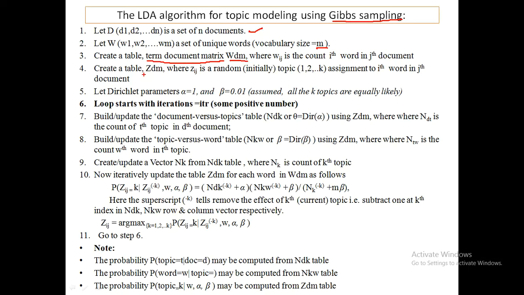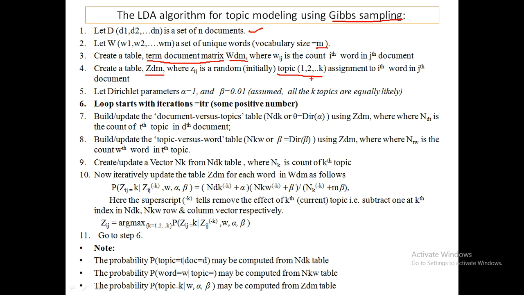Next, create another matrix ZDM using WDM, where Zij is the initially randomly assigned topic. How many topics we want to assign depends upon expert knowledge.